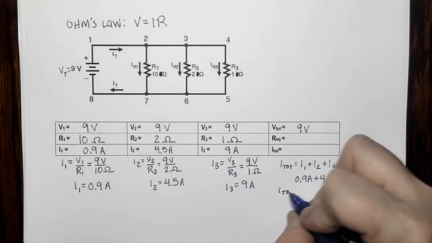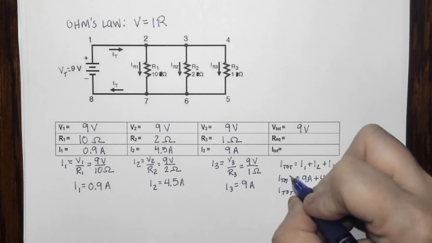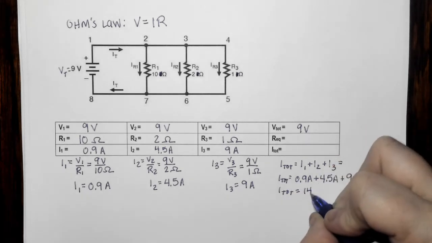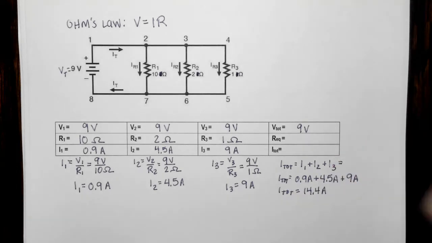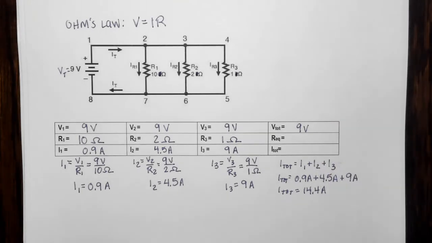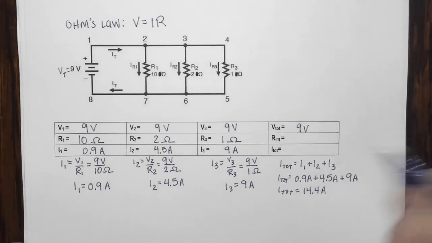So I total is going to be equal to 14.4 amps. And I just did that really fast, so let me know if I got that wrong. I total.